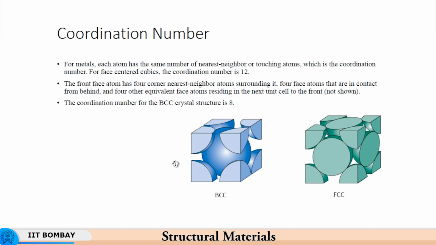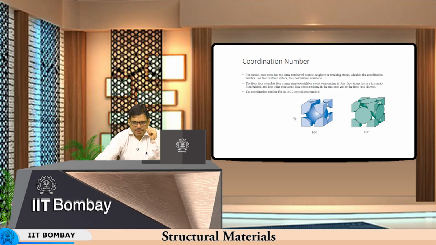So, this coordination number is 8, whereas in the case of a face centered cubic structure, let us say you take this atom at the center of the face, you have 4 atoms here, 4 atoms on the other side, and then 4 atoms at the centers of 4 adjacent faces that will also be touching this atom.